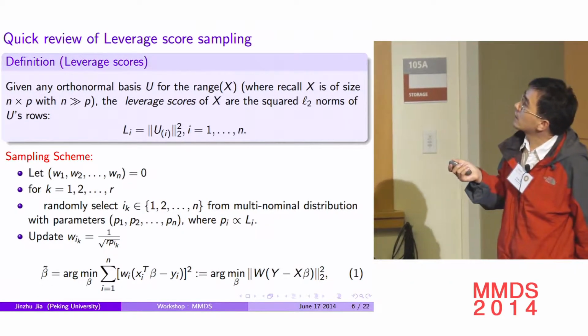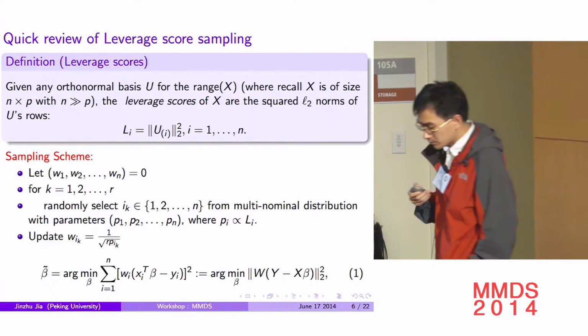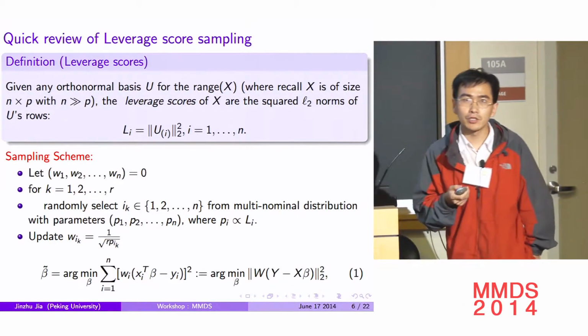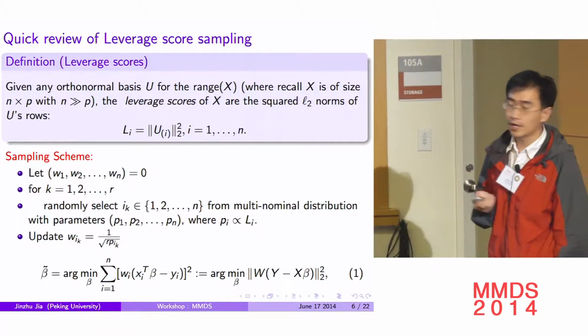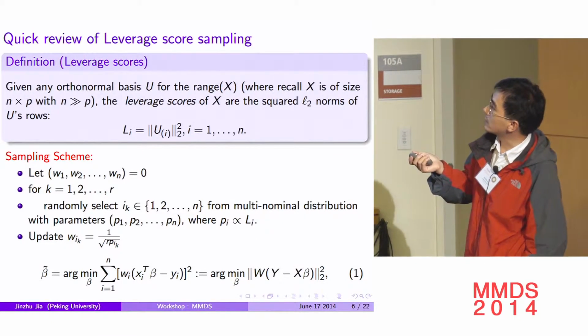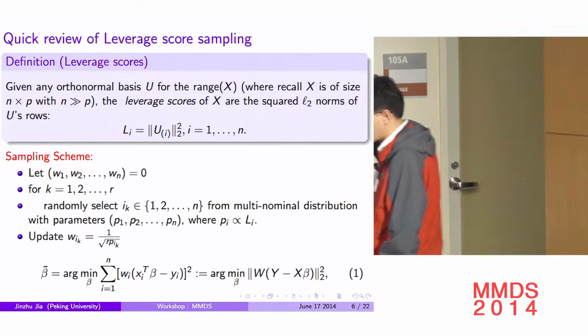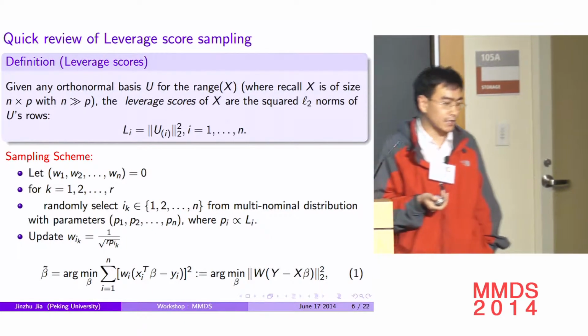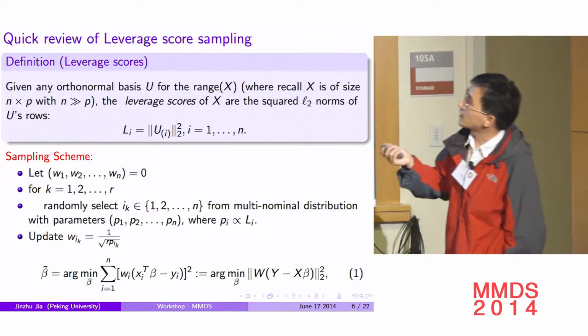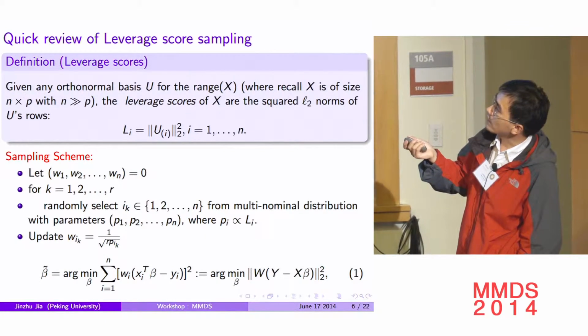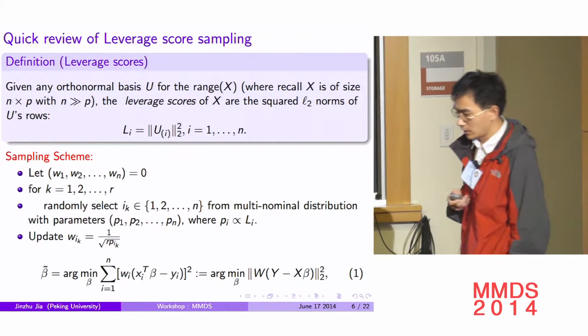Here R is the number of data points we want to use. Then we solve this with least squares. Here the wi is equal to 0 or non-zero. If it is 0, the data point is not selected. If it is non-zero, the data point is selected, and we give it a weight.